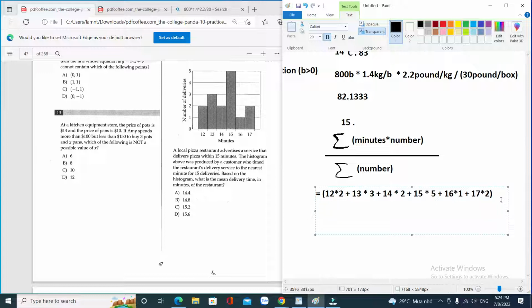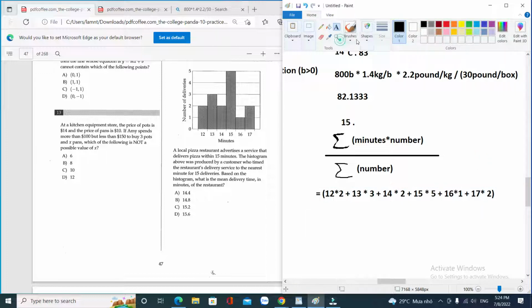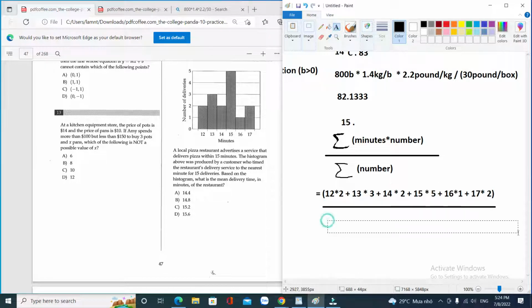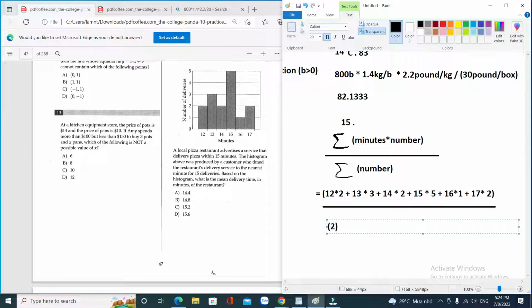And we're going to divide it by the total of number, which is 2 plus 3 plus 2 plus 5, which is the frequency of each minute, and then plus 1 and plus 2. So that's the calculation.